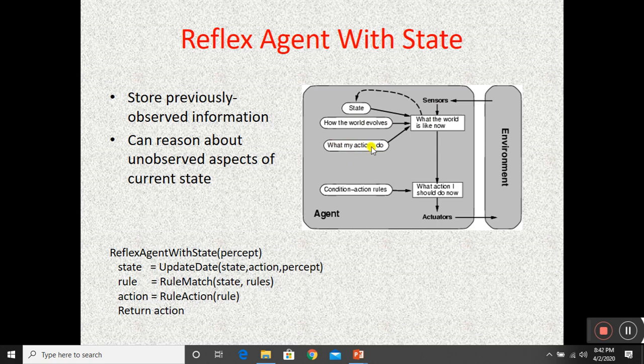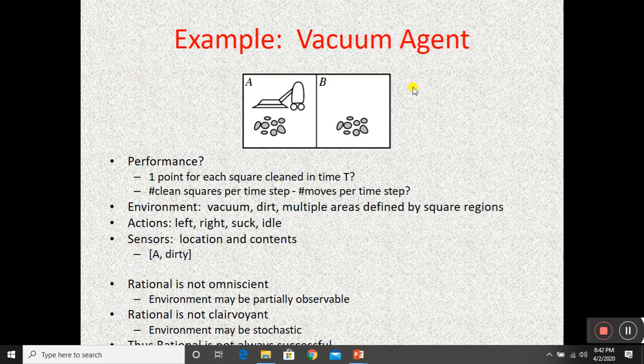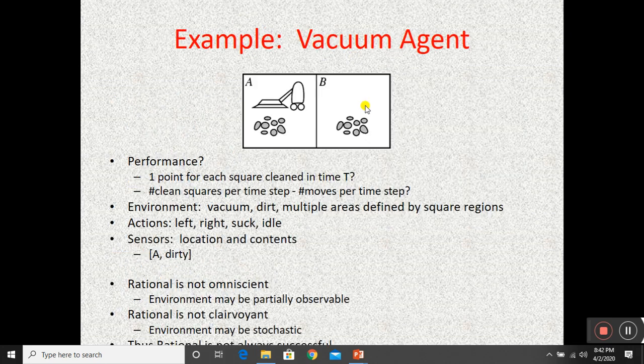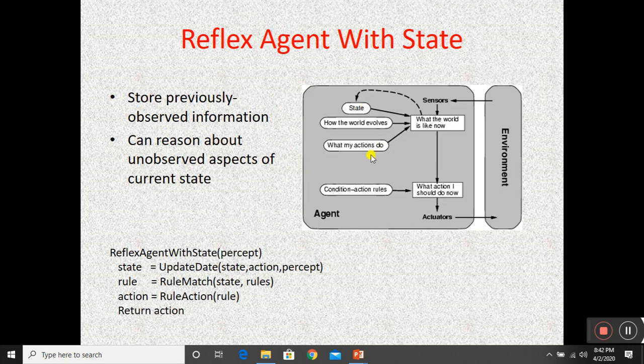So these are the different states, extra state, that was not in the simple vacuum agent. That was a simple reflex agent. We do not have these types of different properties or different actions.